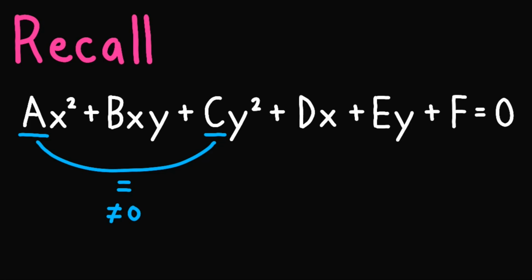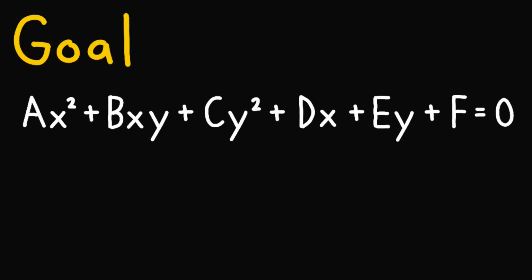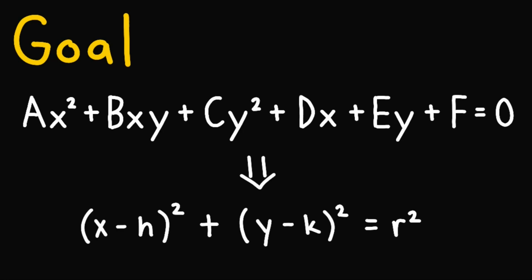So, given this, our goal, as you can see in the title or thumbnail of this video, is to convert this standard form into its center radius form. If you don't know what the center radius form is, you may check out the previous video in this playlist, so I can link that one around here.